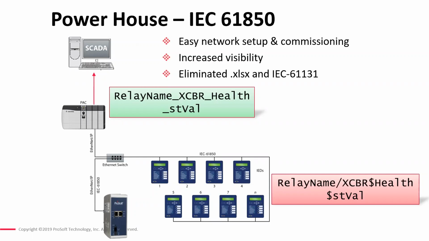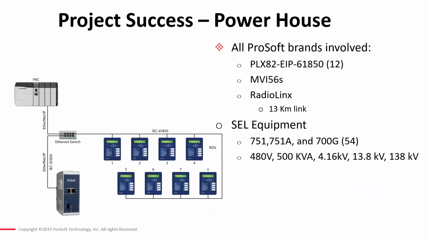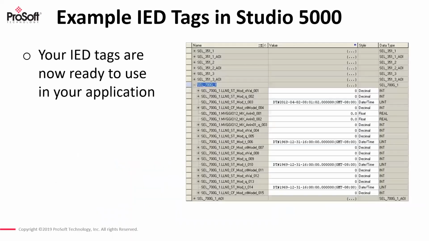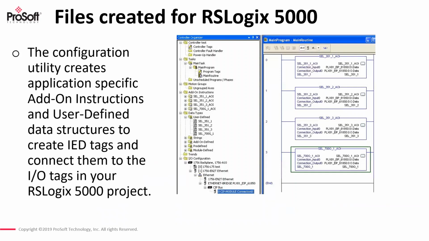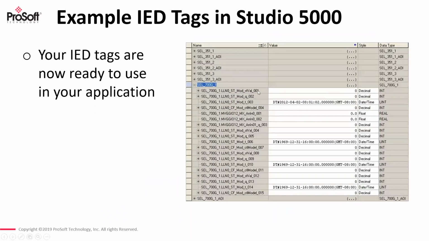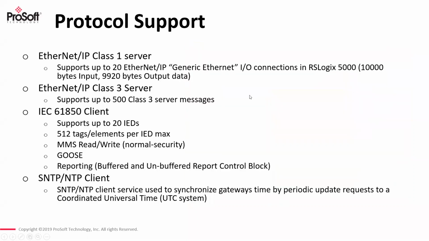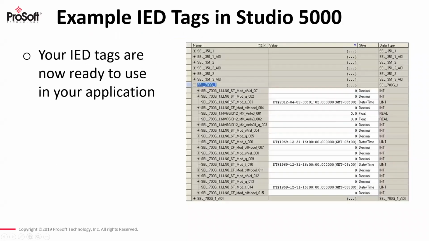There's another question that came in: is it possible to get a timestamp from the relays? And yes, time is part of a data object. Let me switch back over here real quick. Sorry to jump around, but here you go. If you look at this LLN0 ST Mod, stVal is your status value, q is your quality, and t would be your timestamp.